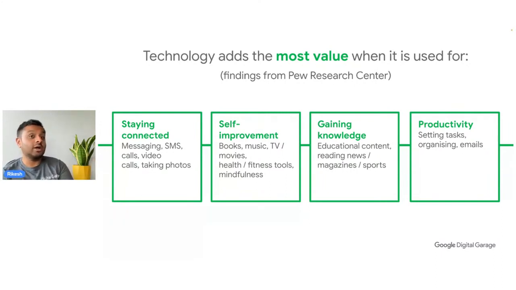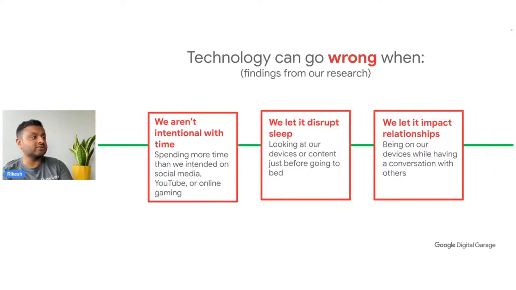Now, on the flip side, the findings also showed where technology can go wrong. We're rephrasing this to where technology adds the least amount of value to us, or a very minimal amount of value. One of them is where we're not intentional with our time.